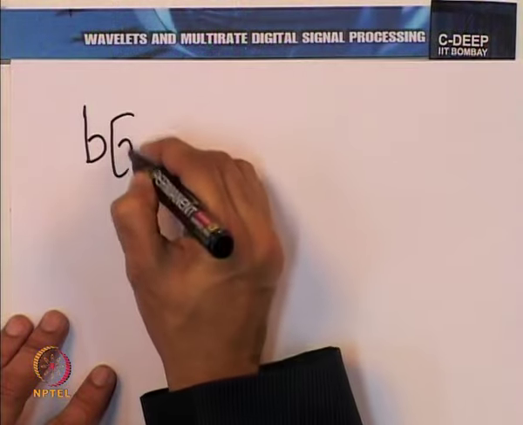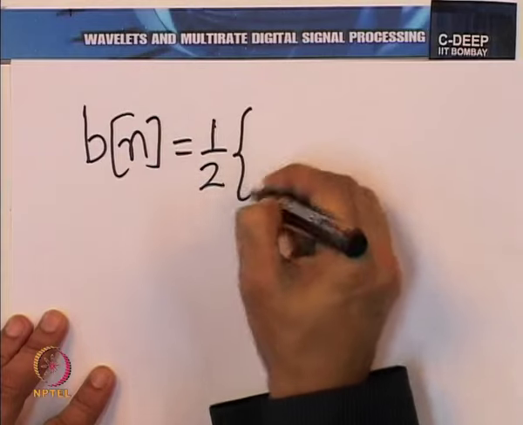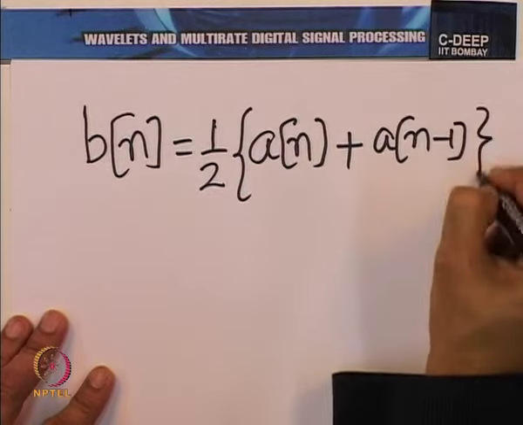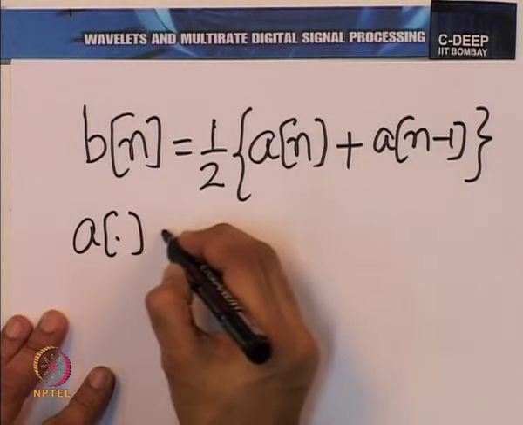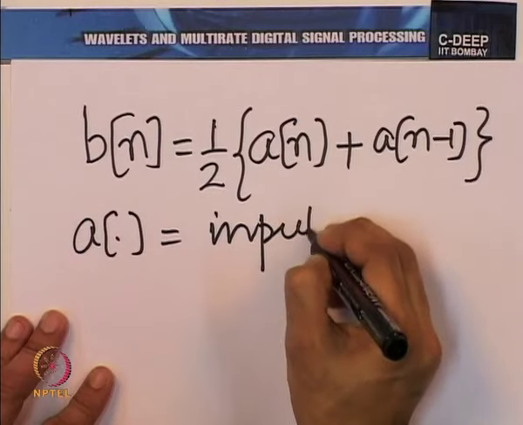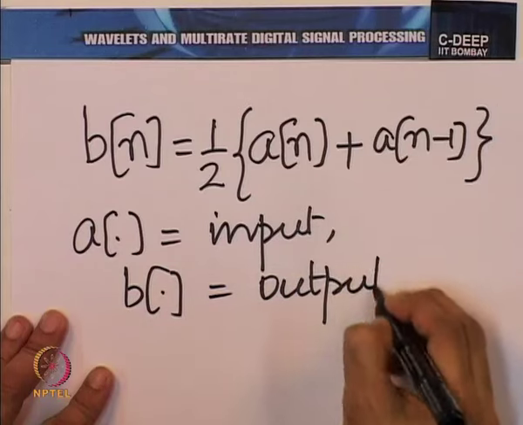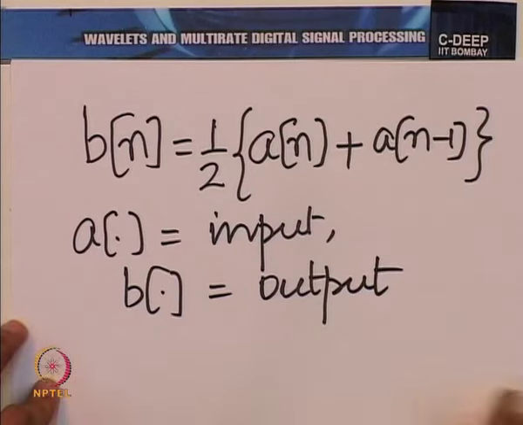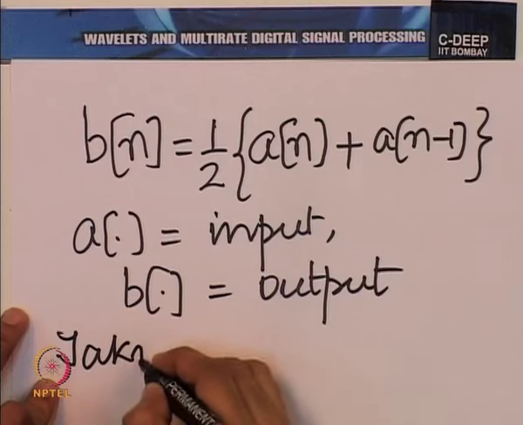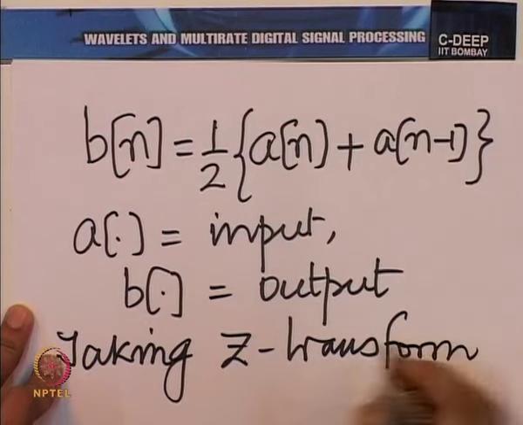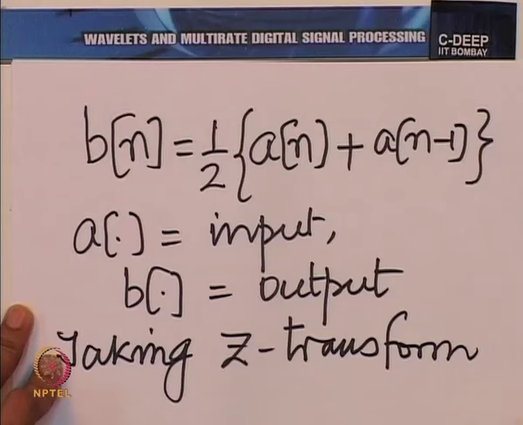So, let me put down the two filters explicitly once again. I have the first filter given by B of n is half of A of n plus A of n minus 1, where A is the input and B the output. If we take the z transform on both sides, we get what is called the system function of this filter.